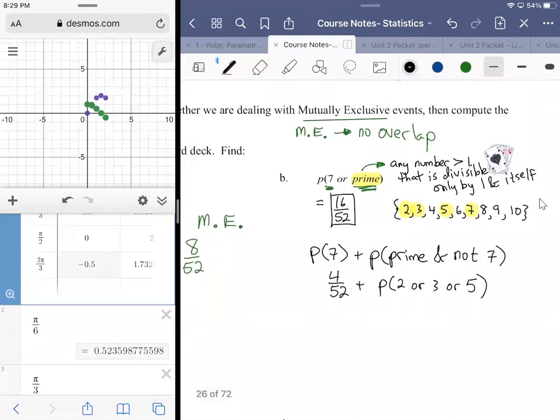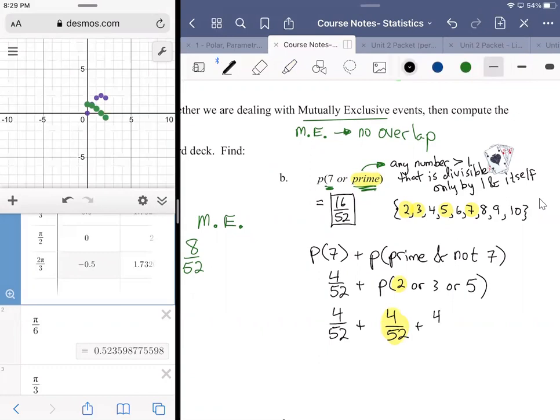So it's a little bit more painstaking in terms of the work, but we'd be looking at 4 out of 52 for the 2s. I'll highlight. So it's an or within an or, the way I have it set up.